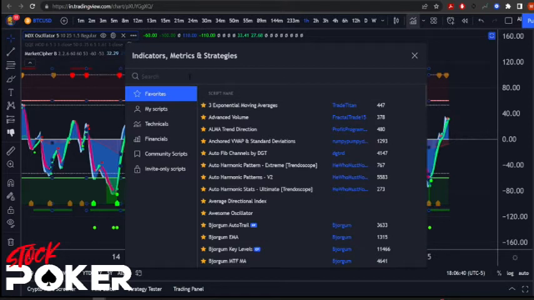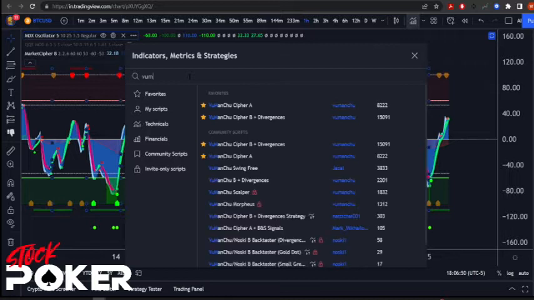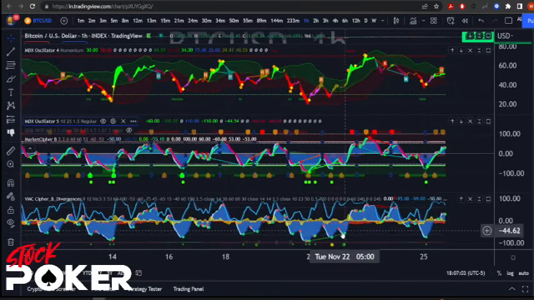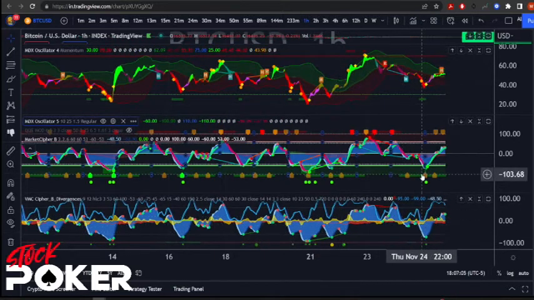If you wanted to use a market cipher style looking indicator, then you could just type in Fu Manchu. They have the market cipher A, the market cipher B. This is what it looks like without it being superimposed on top.